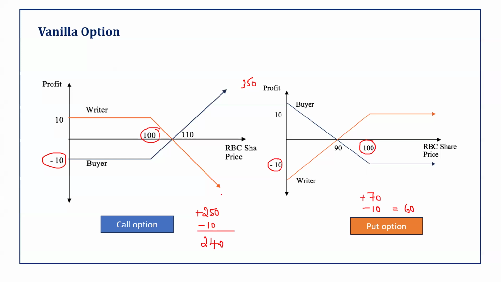Now this can become very risky for the writers, especially in the Forex market. So in the Forex market, they create products like knock-in, knockout. These kinds of barriers are added to the options. Just to give you one example here, the writer, in order to reduce the risk, may put a condition called KO, that is knockout.